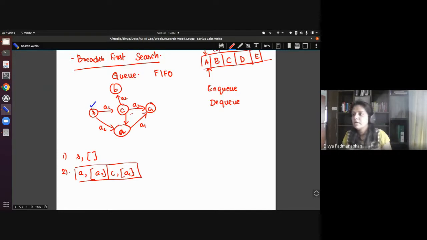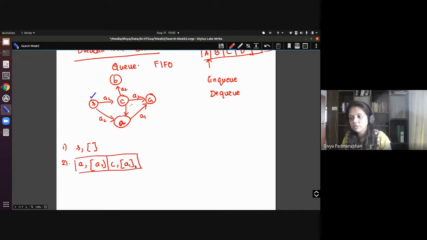Now you're going to remove elements from this queue. The first element that was pushed in was A, so that comes out, and it is marked visited. Then you NQ its children.